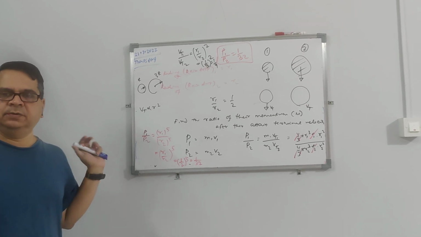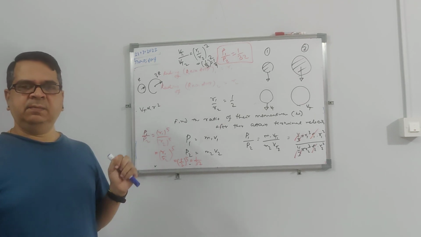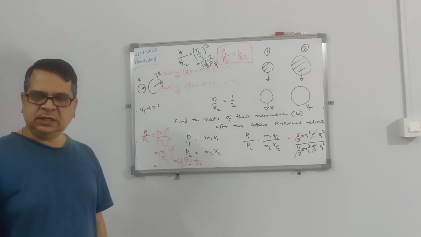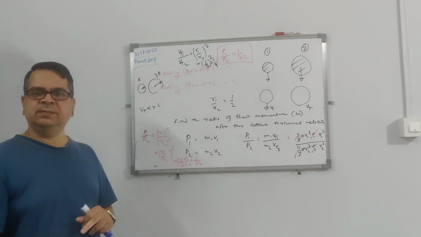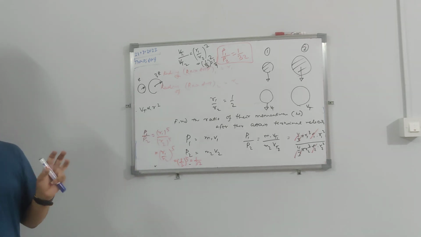If you know the final equation you can solve this directly. I have derived it for your understanding, because just by remembering the final formula you may forget sometime. That's the reason we derived it, because it is a very important concept.